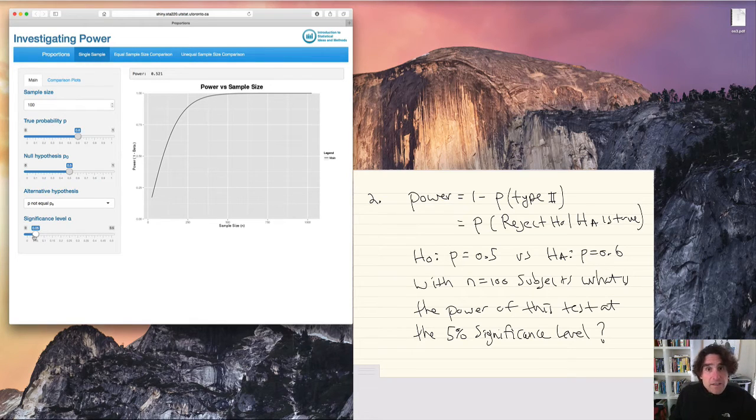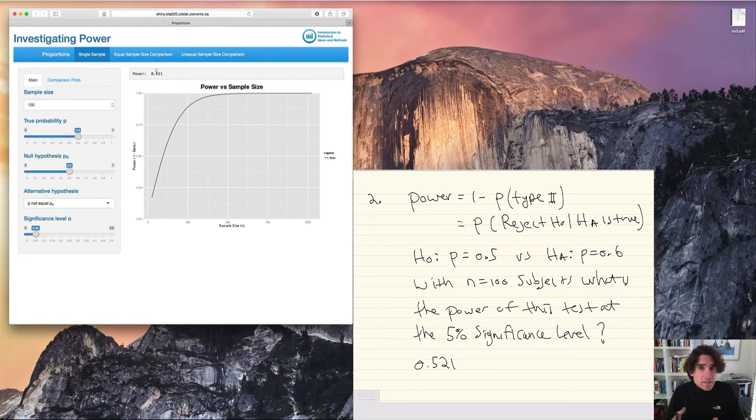Well, the power in this case is 0.521, and that's over here. A power of 52% isn't that large. If the null hypothesis value is 0.5 and we wanted to detect an alternative value of 0.6, then there's only about a 52% chance of the statistical test being able to do that.